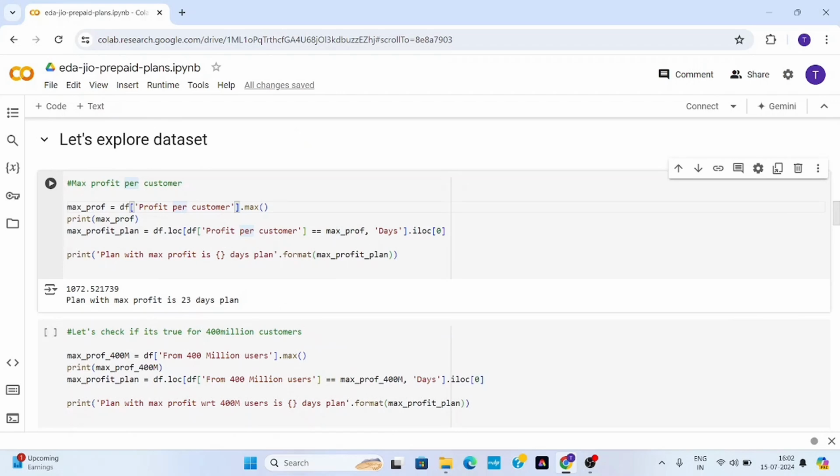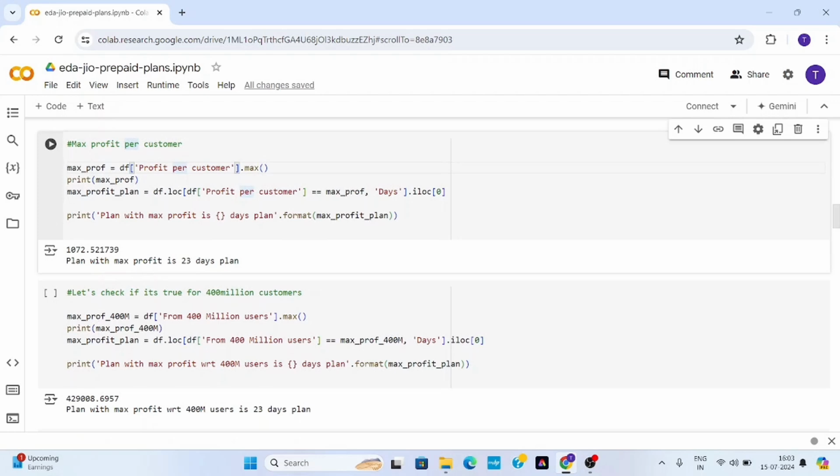So in that, I'm going to use this max function to get the max value. Okay, so I'm getting the max profit. I want to know which plan gives the max profit, so I'm going to use an equal function, comparing with the profit per customer. What is my maximum profit?